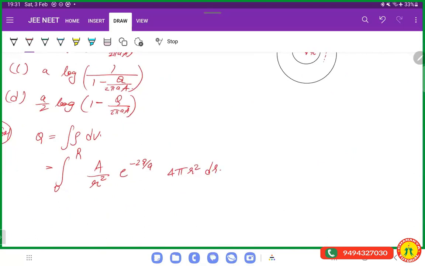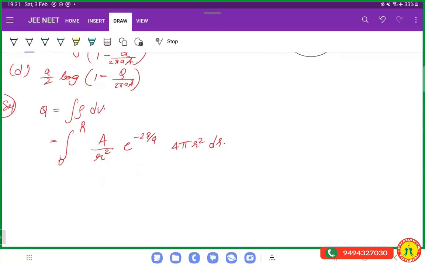So all this, we got it. A is constant, 4 pi is constant, r square is gone. We are left with e to the power minus 2r by a. Now we cannot take this as a constant, since e has some power there.